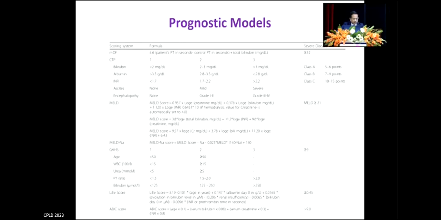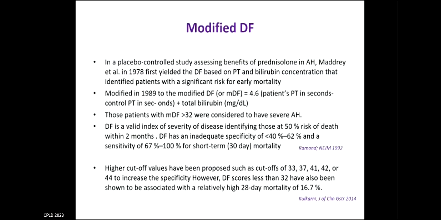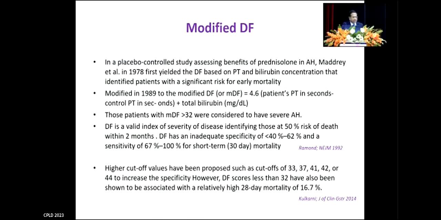And then I already spoke of the Lille score and the Abbott score, which has the bilirubin, creatinine, age, and INR. But the Abbott score and the Glasgow score are mostly used in Europe.